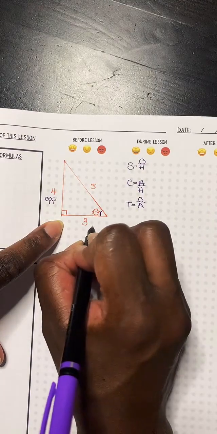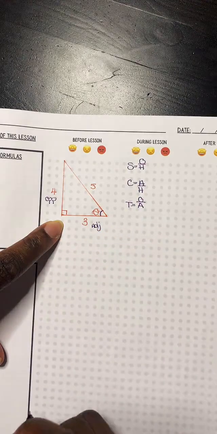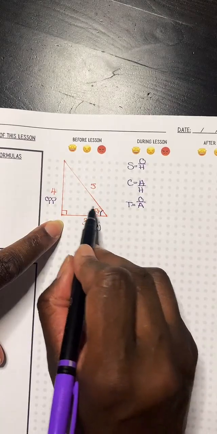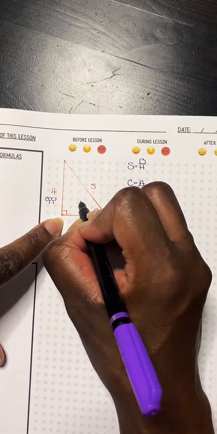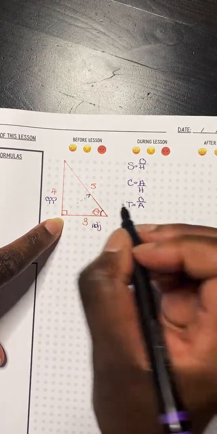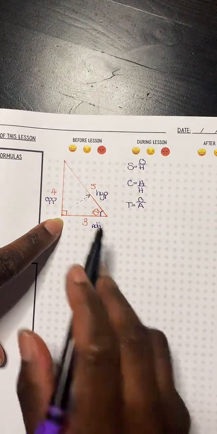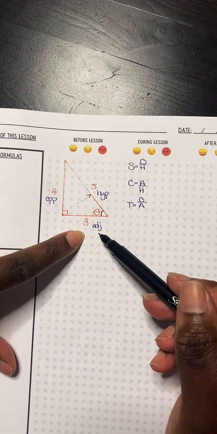Adjacent means next to. Sometimes it's easier for me to find the opposite and then the side that's directly across from the 90-degree angle, that's your hypotenuse. Once you find the opposite and the hypotenuse, it's easy to find the adjacent.